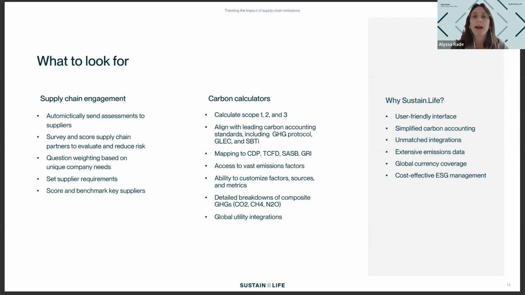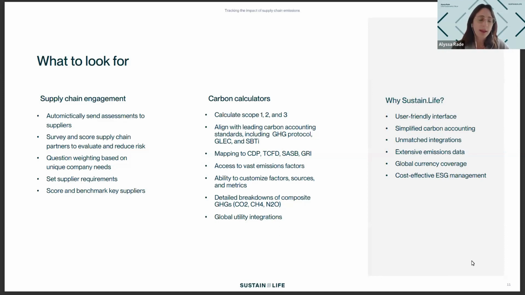If you need to report your biogenic emissions directly or separately, make sure the platform can do that for you as well. When it comes to things like emissions factors, make sure that your platform is giving you confidence to understand what factors are being used, how often they're maintained, the ability to customize them to really reflect you as a business and your key decisions.